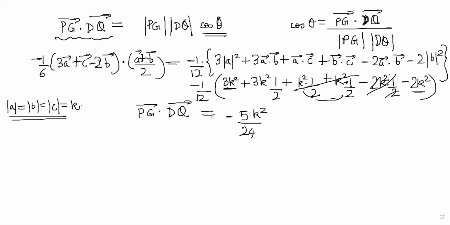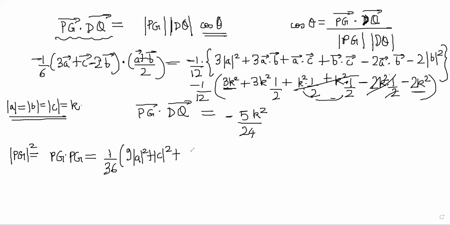Now you just have to find out the mod PG and mod DQ. How do you find mod PG? Mod PG whole square is PG dot PG. If you do that calculation, it will come out to be 1 by 36 times: 9 mod a square plus mod c square plus 4 mod b square plus 6 a dot c minus 12 a dot b minus 4 b dot c.